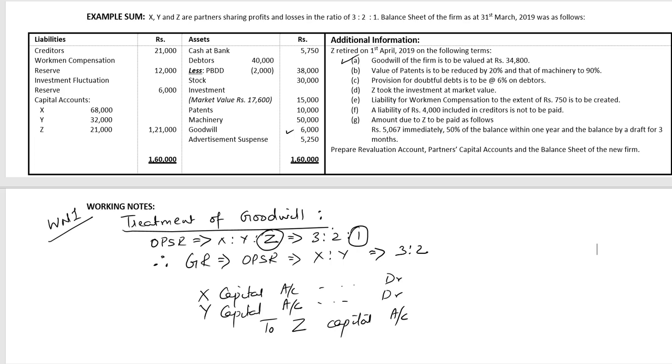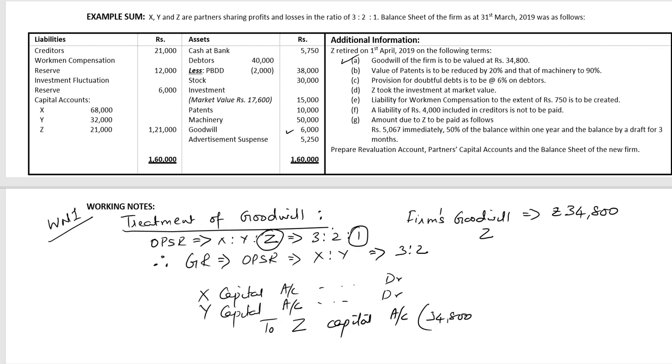We'll credit Z with the share of Z. We are given that, as per point A, the firm's goodwill is rupees 34,800.